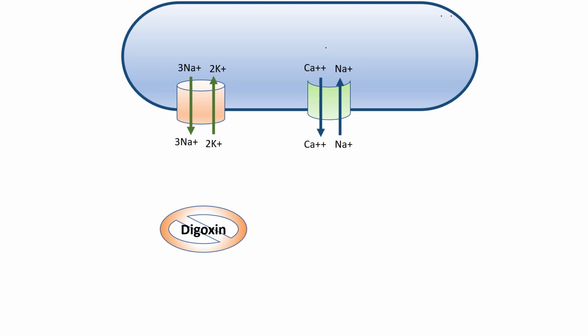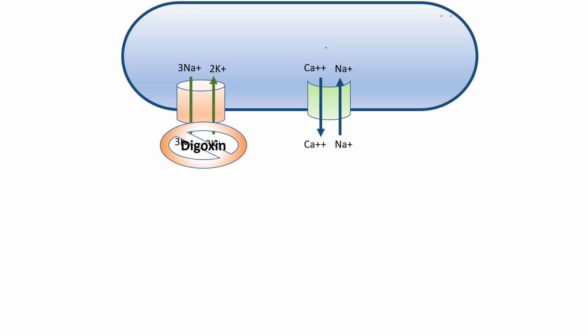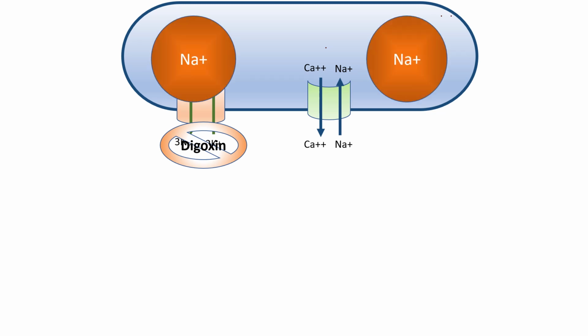Digoxin binds with the sodium-potassium ATPase pump on its extracellular surface. When digoxin binds with the sodium-potassium ATPase pump, the pump is inhibited. This causes an increase in concentration of sodium inside the cell.